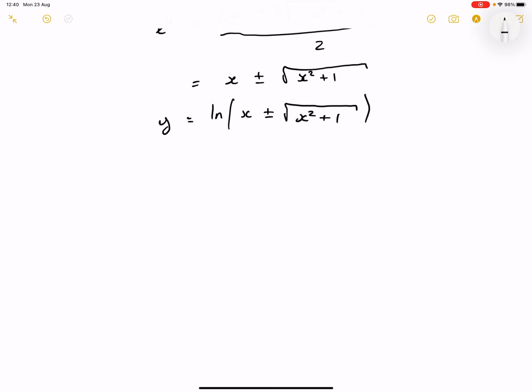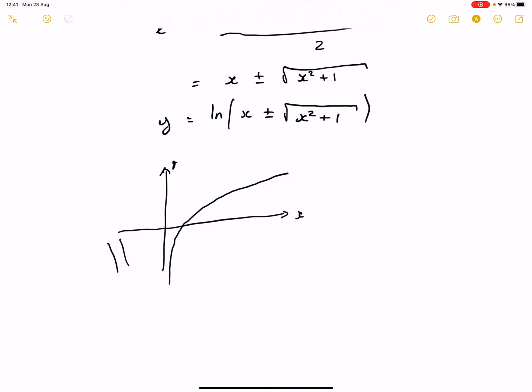Now ln x can only have positive inputs. The graph of ln x looks like an exponential graph. It goes like this. It doesn't go this side of the axis. So we need to discount any negative solution.